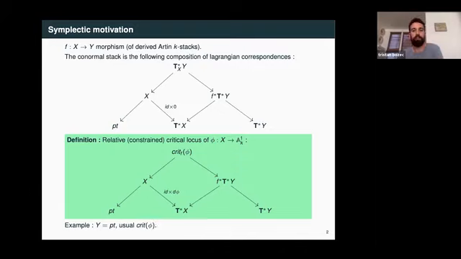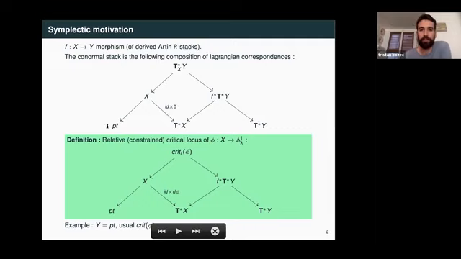So when trying to build and study new Lagrangian subvarieties, it might be useful to work with conormal varieties or stacks here. So I'm going to work with derived Artin stacks. You can consider a morphism F, and then make the following composition of Lagrangian correspondences.